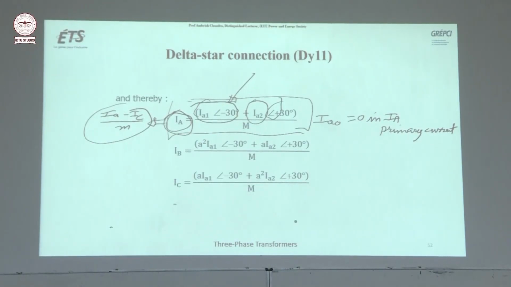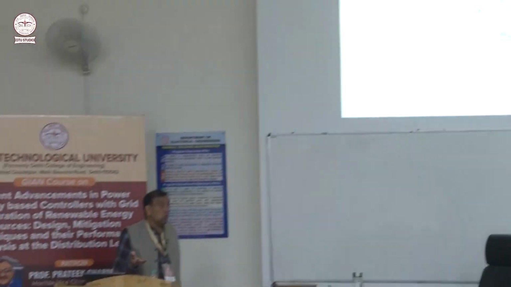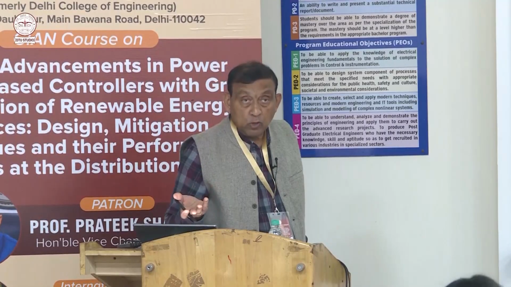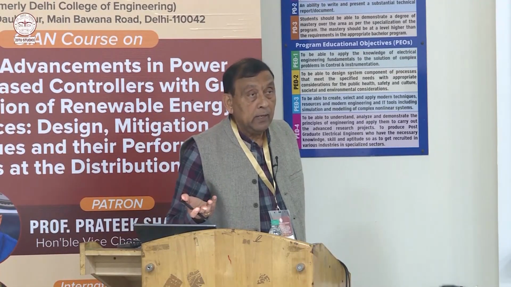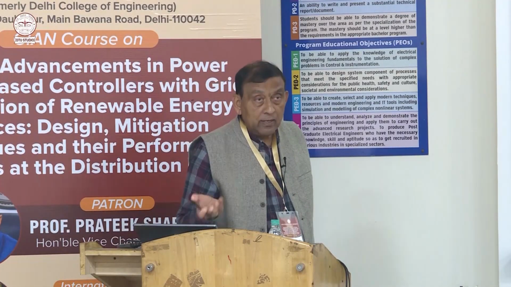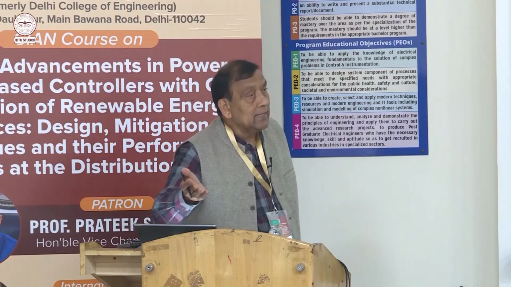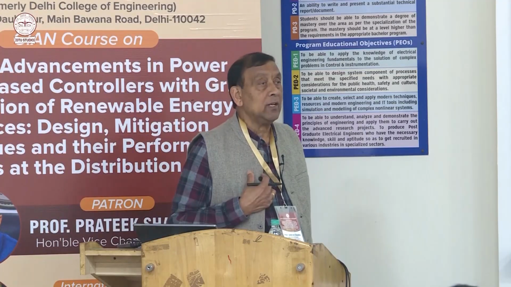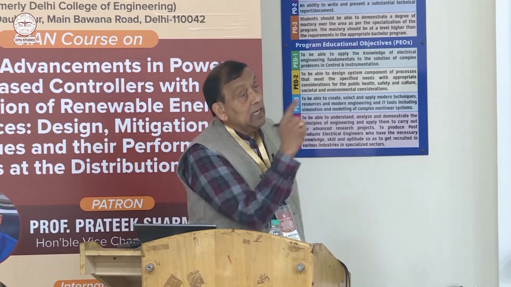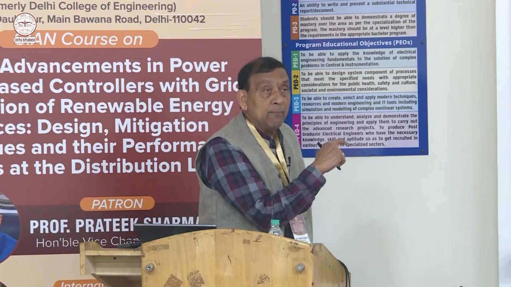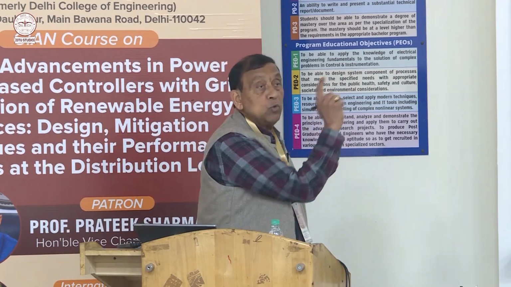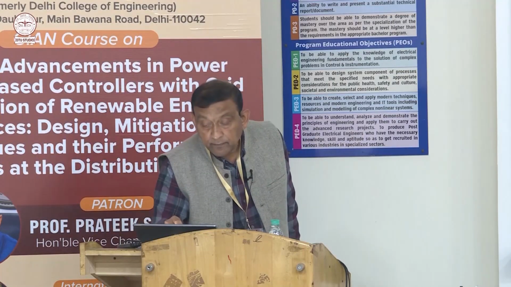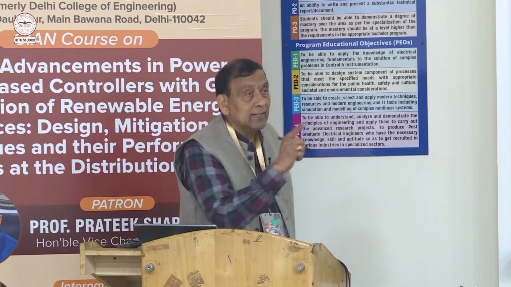This is very important to know, because we know 7th harmonic is what? Positive sequence. And 5th harmonic is a negative sequence. So in the secondary side load, if it is generating 7th harmonic current, when it goes to the other side, the primary side of the transformer to the network, the 7th harmonic will have a phase shift of minus 30 degree.